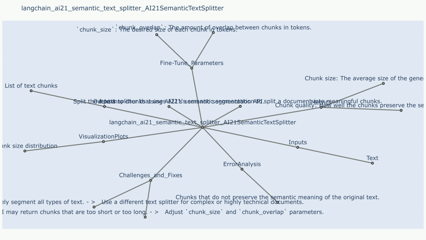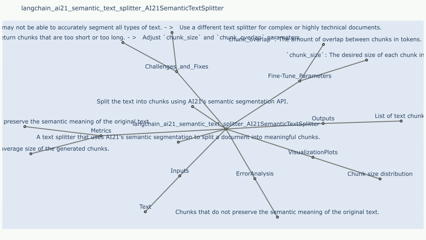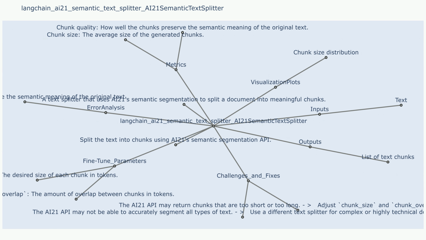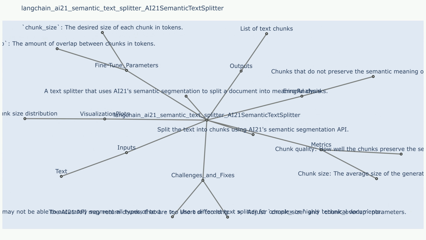This involves leveraging AI21's language understanding capabilities to understand the relationships between words and phrases, and to determine where logical boundaries occur within the text. Chunk creation: once the text is segmented, the splitter divides it into chunks of the specified size, ensuring that each chunk represents a meaningful unit of information. The overlap parameter ensures that some context is preserved at the boundaries of chunks.